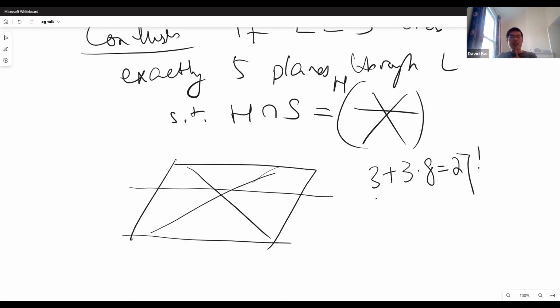So if any other double counting happens, it must also go through the intersection point between these two lines. Because if it's not, then it's just not going to work. So you have 3 lines that do not share a plane, but they share a common intersection.